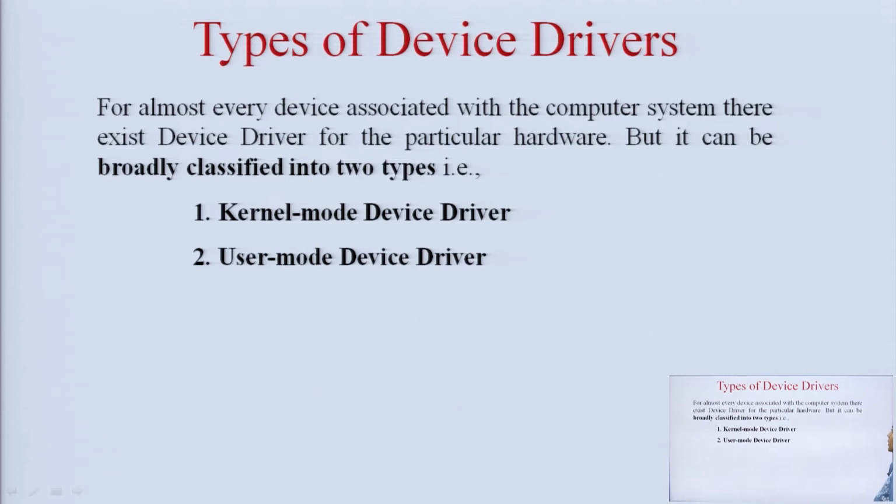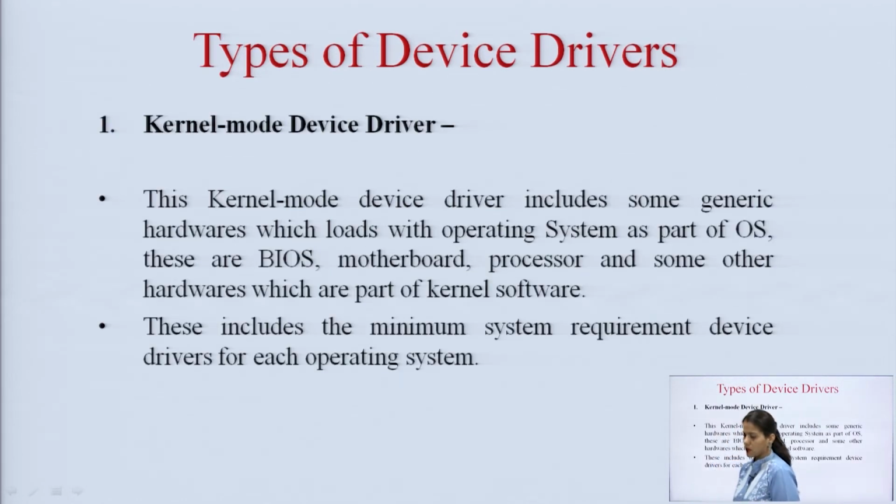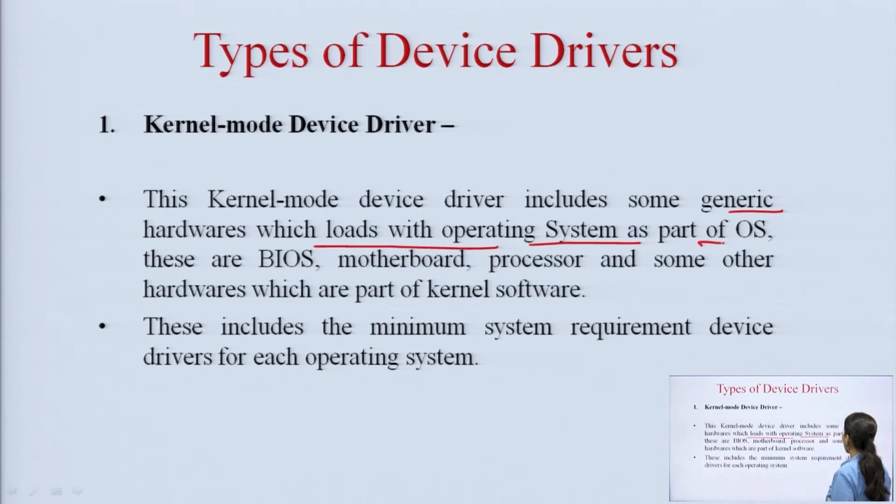When we talk about the types of device drivers, these are classified into two types: kernel mode device driver and user mode device driver. When we talk about the kernel mode device driver, it includes some generic hardware which loads with the operating system as part of the OS.